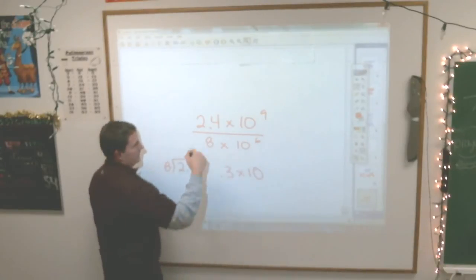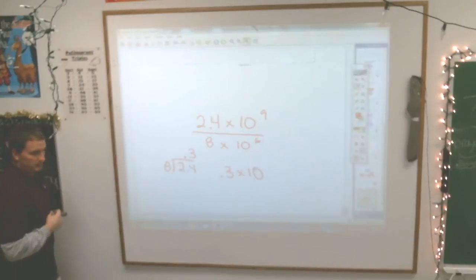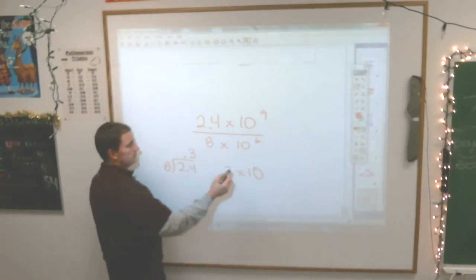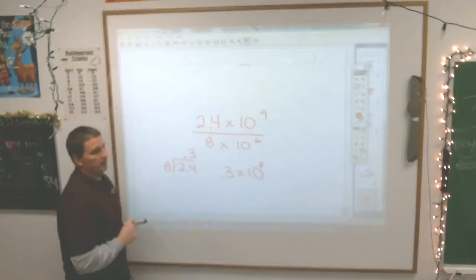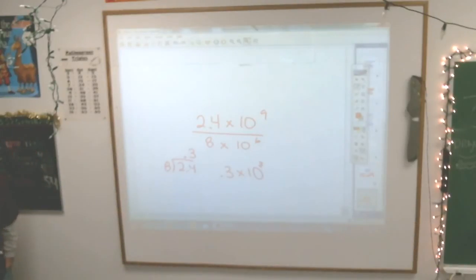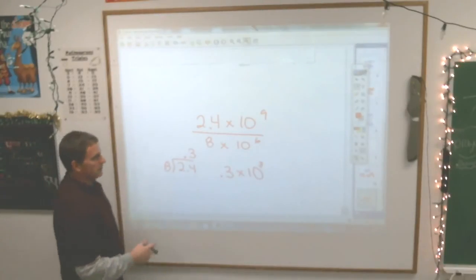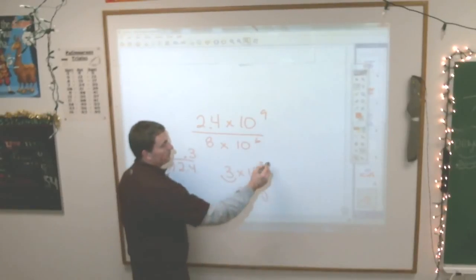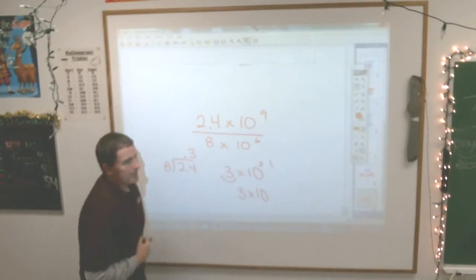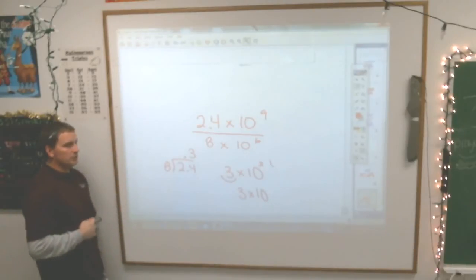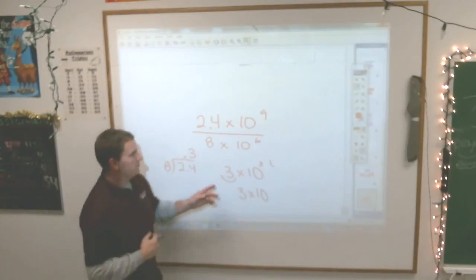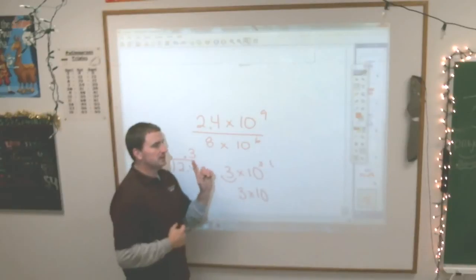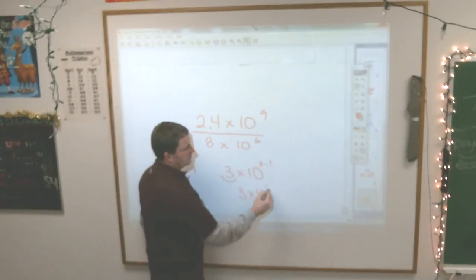What do I get when I take 9 and subtract 6 from it? I get the 3rd power, correct? Is that my answer? No, because it's not in scientific notation. How do I fix it? Move the decimal one place right, it becomes 3. And since I moved it one place, I'm either going to add 1 or subtract 1. Jacob, I made it 1 bigger. Oh, subtract 1, so it's going to be 10 squared.